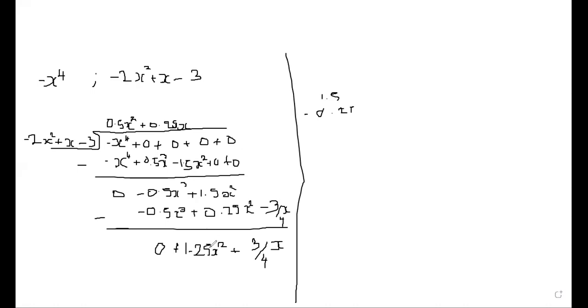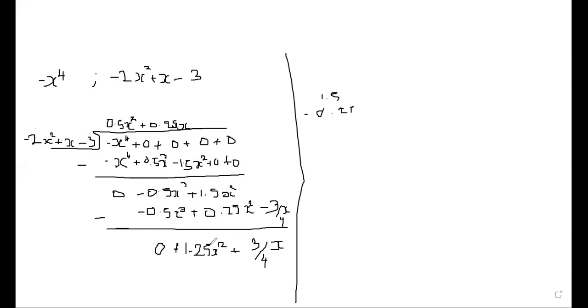Then again, this and this are of equal degrees. So we can still divide this into that guy. Negative 2x squared plus x minus 3 going into 1.25x squared plus 3 over 4x. So how many times does this go into there?